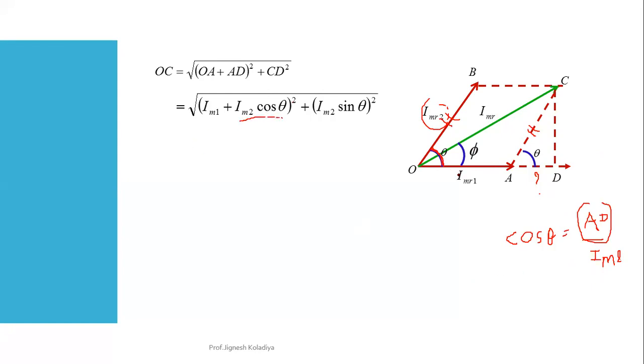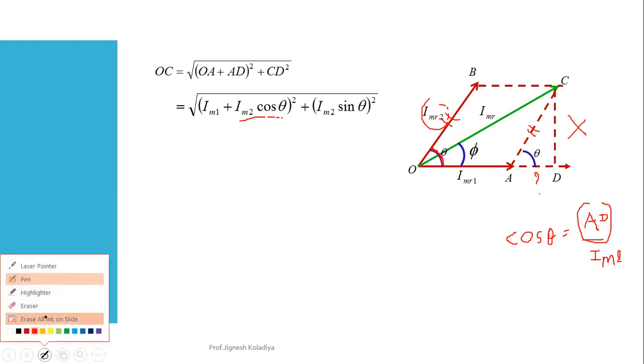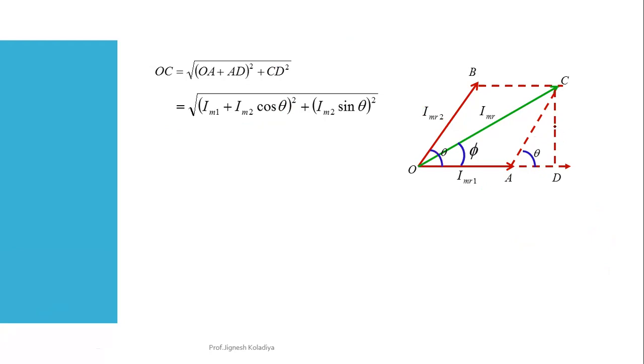So now I know the whole length of OD: IM1 plus IM2 cos theta. Similarly, what about CD? I don't know this length; I'm just taking the projection, right? But now again I can find it. Can I write like this?